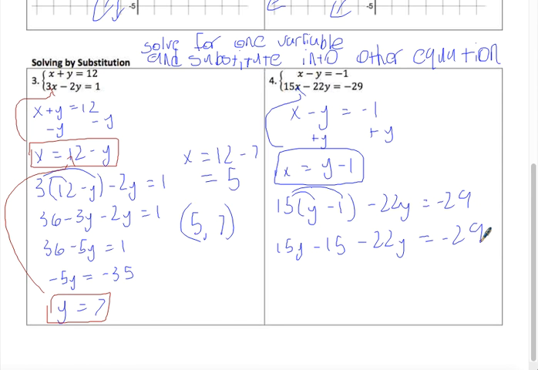This comes out to negative 7y minus 15 equals negative 29. And then negative 7y equals negative 14, and y equals 2.